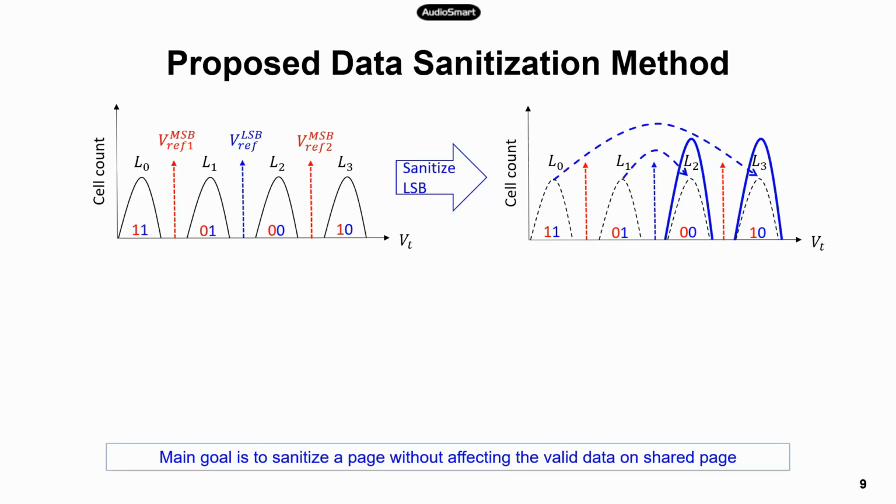However, the LSB bit's logic will flip from 1 to 0. Similarly, from L1 to L2, the MSB bit remains 0. LSB bits flip from 1 to 0.